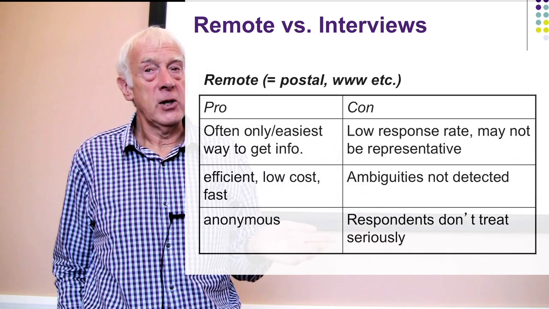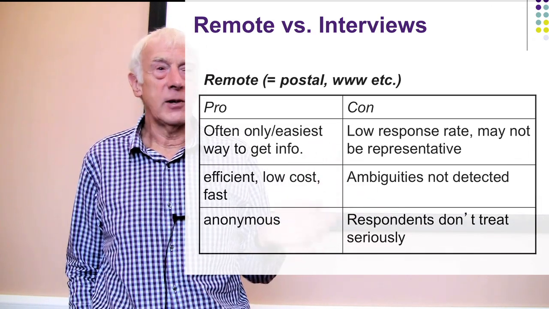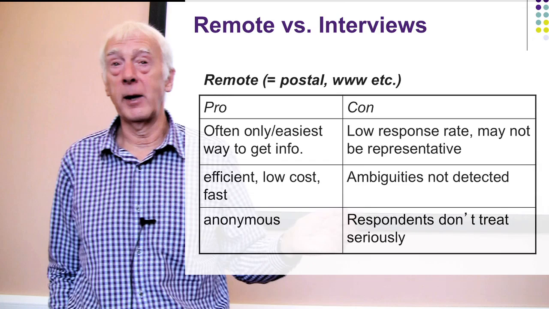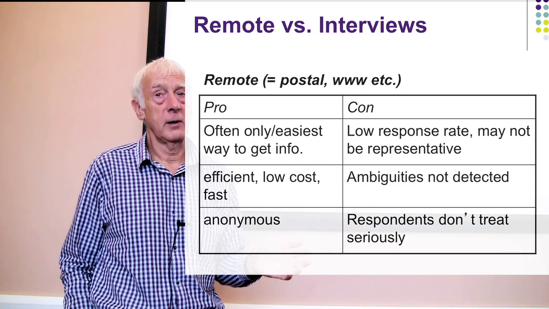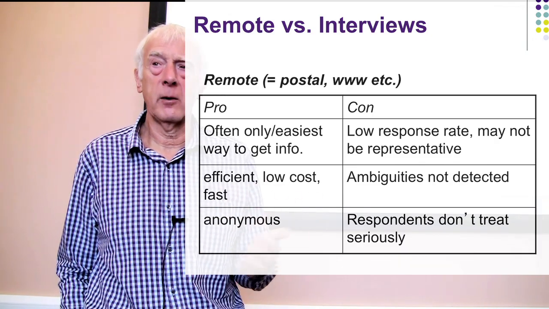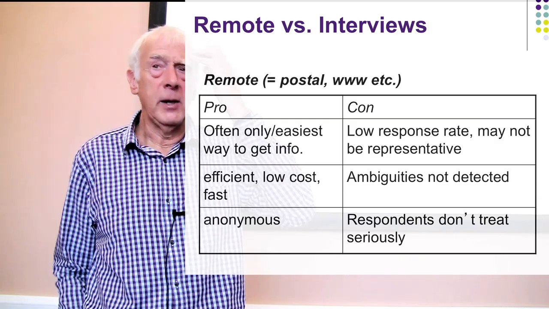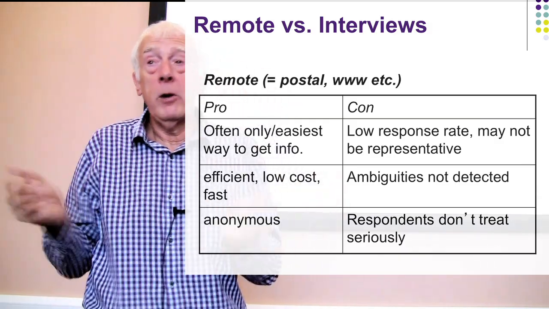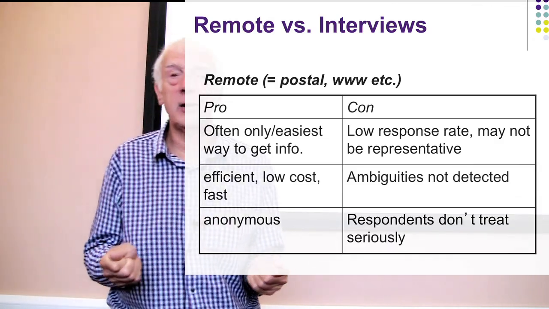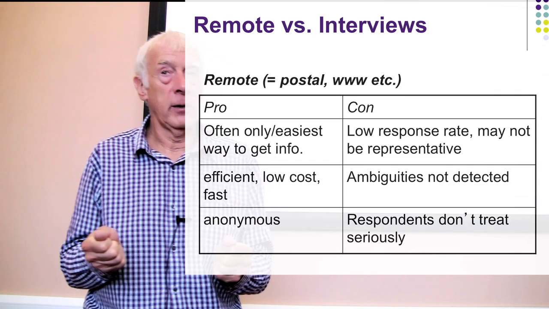Now, sometimes you can tell people are kidding. You can actually see from the way they're answering the questions that they're not serious, and you have to throw that data away. But it's not always obvious what's going on, what is making people answer in that kind of way. I mean, they can be just ticking at random, and how will you know that ticking boxes at random is just them not taking it seriously, as opposed to being genuine about their answers?